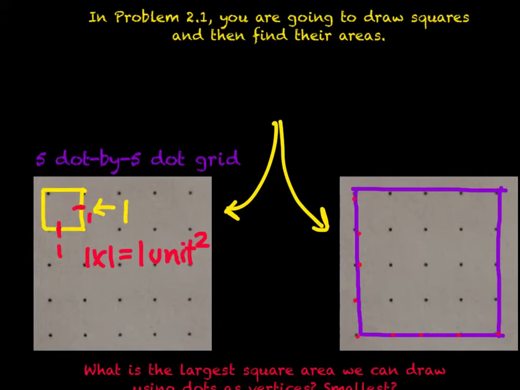We have a square with 5 dots along the bottom, and we have 5 dots that are covered along the sides. So 5 by 5 equals 25 units squared. So there's 2 different squares that we could create. I'm going to label this second one 25. This one is 1, and I'm labeling them by area.